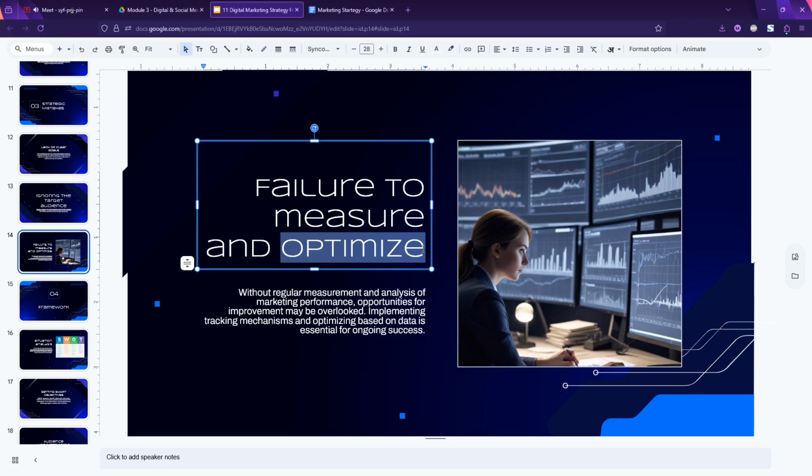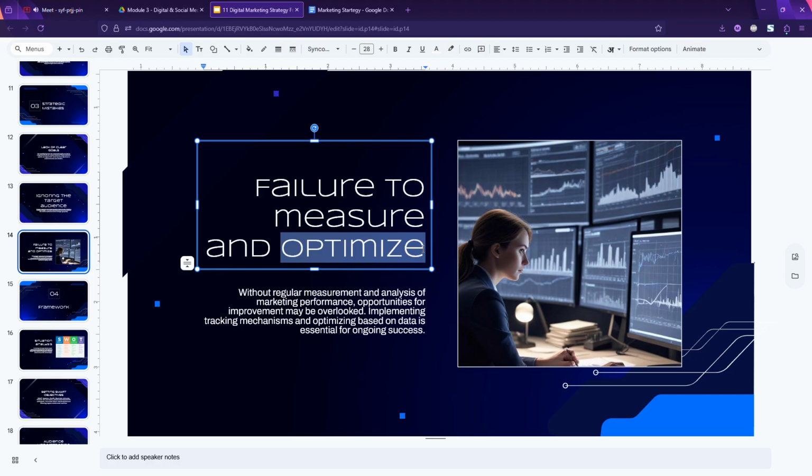Because in digital marketing, that's where the difference from traditional marketing is. If we do everything correctly and then just leave it like that, we are not reaping 100% of the benefit of digital marketing.